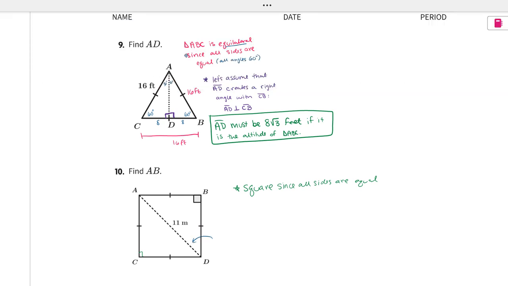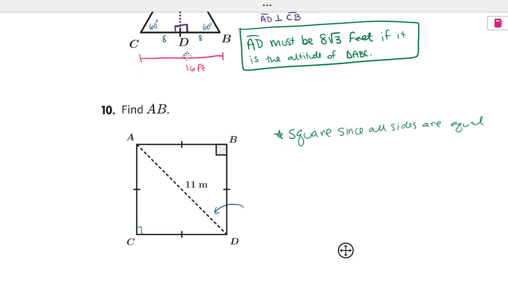So the diagonal right there, a diagonal bisects an angle. So that means this is 45 degrees. And so is this. We have two 45-degree angles here. 45, 45. So it wants us to find AB, which really is just saying find one of the side lengths.